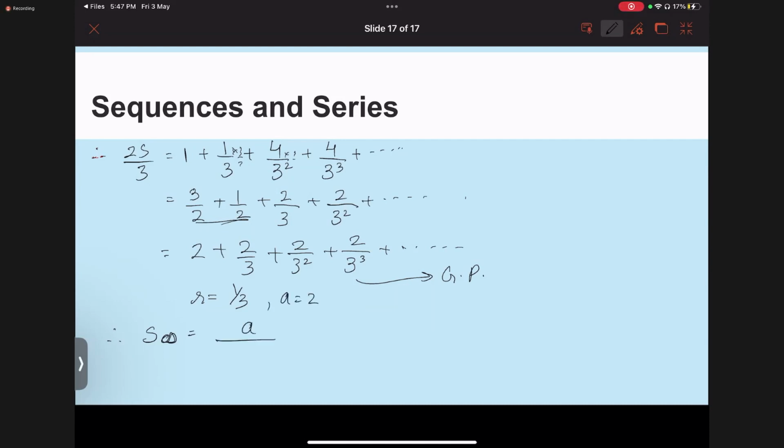So this will be A upon 1 minus R, because R is less than 1. So you have 2 upon 1 minus 1 by 3. Okay, so this is going to give you 2 by 2 by 3, which is 2 into 3 by 2. So this is 3. Okay, so your answer is 3.